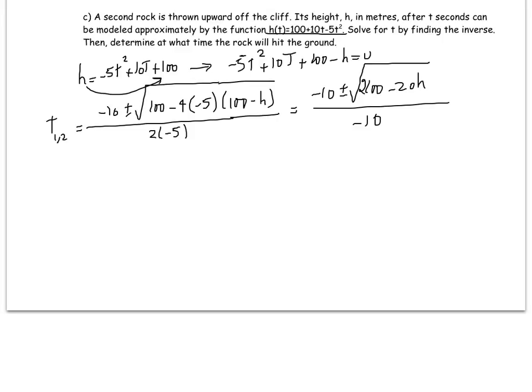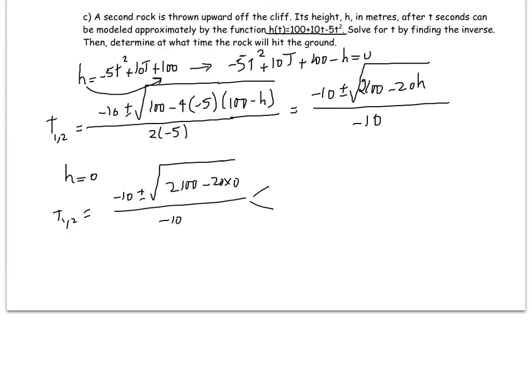Now it says at what time the rock will hit the ground. Remember, when the rock hits the ground, the height h is going to become 0. So we will find that t1,2 is negative 10 plus or minus the square root of 2100 minus 20 times 0, over negative 10.